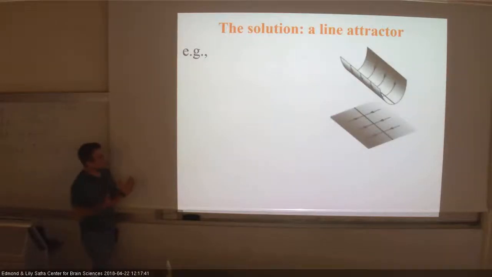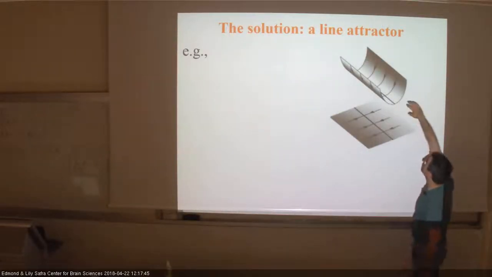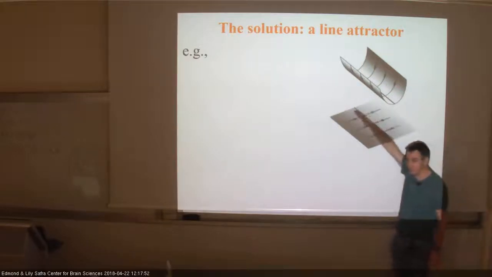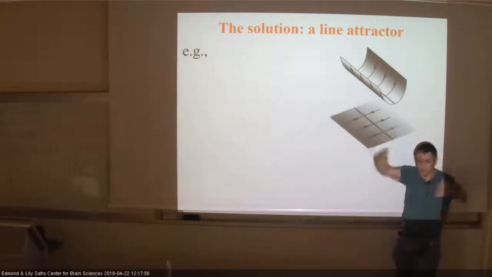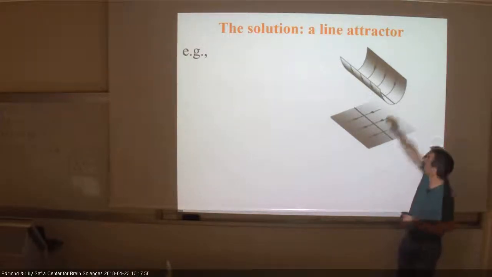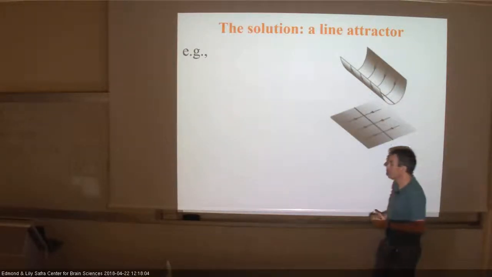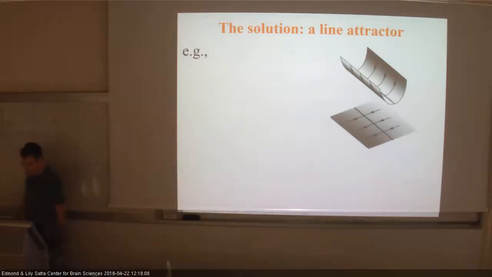If we use drawing, this would correspond to a situation where in one direction we have a continuum of fixed points, and in another direction or other directions, the dynamics converges, in this case, to a one-dimensional attractor.